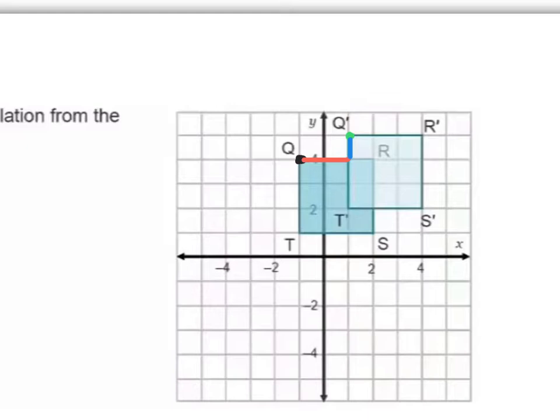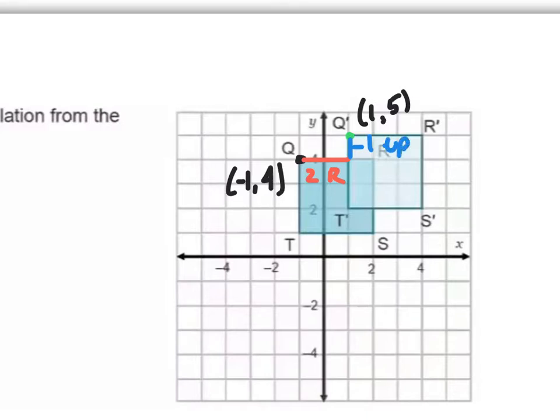Q is the point negative 1, comma 4, and then Q prime is the point 1, comma 5. So what I'm doing is I'm moving 2 units right, and then 1 unit up.